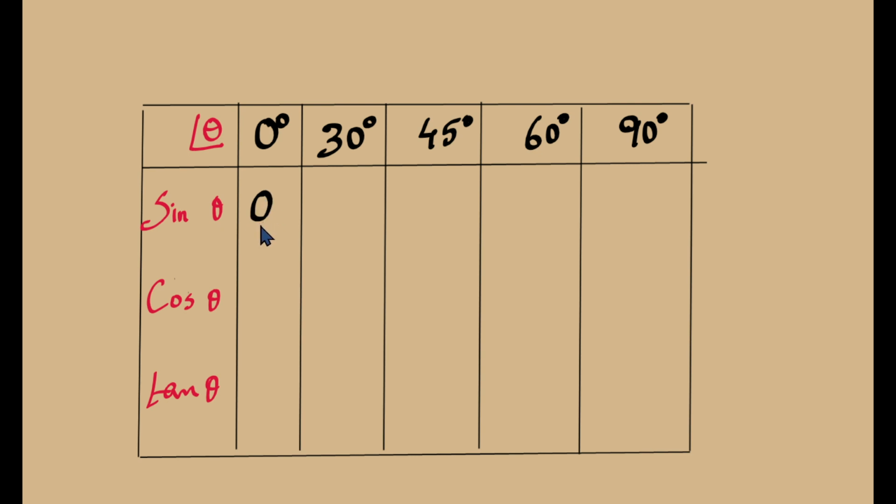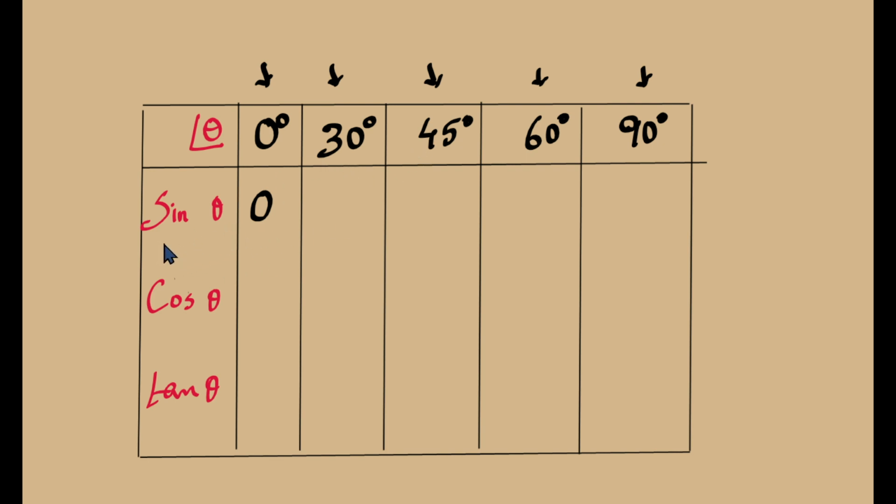I have listed all the angles for which we are going to find the values: in the top row, 0, 30, 45, 60, 90. The first column denotes the trigonometric ratio: the sine of 0 degrees, the sine of 30 degrees, the sine of 45, and so on.